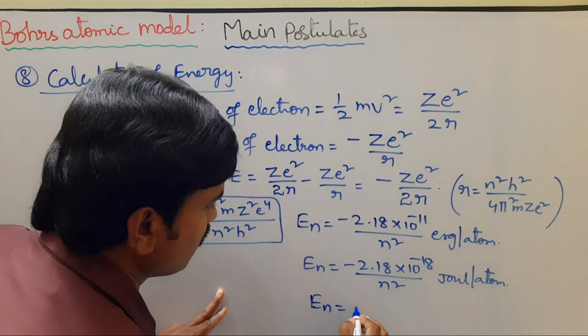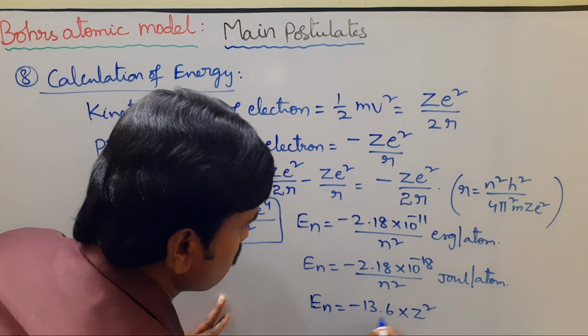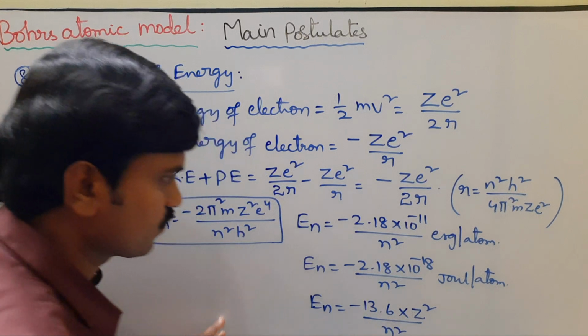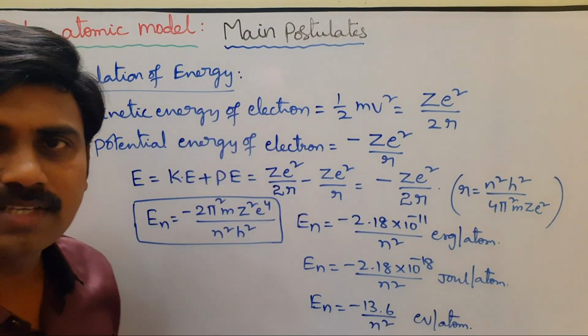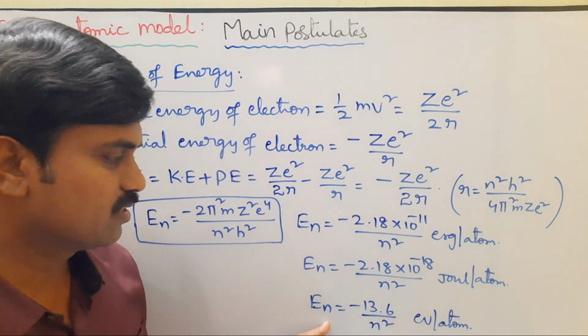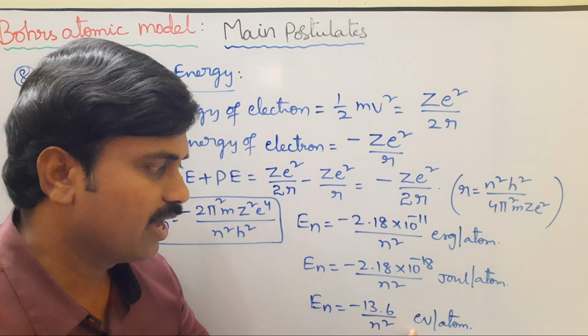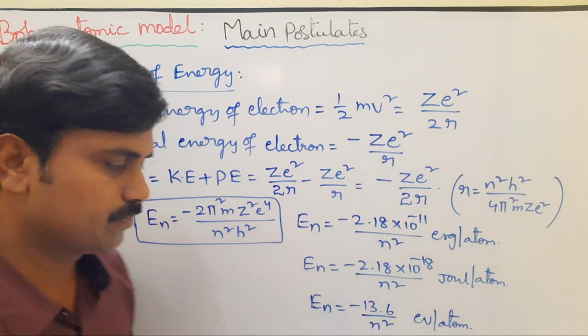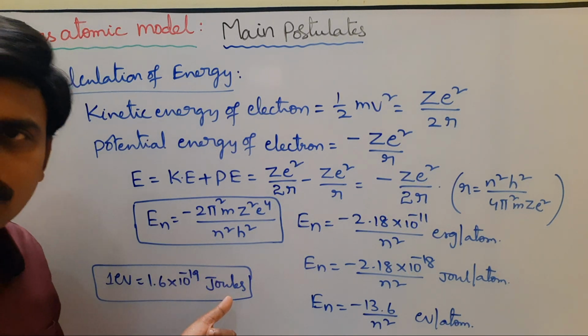The energy of the nth orbit of an electron En is equal to minus 13.6 into Z square by n square electron volt per atom. In case of hydrogen like atoms, En is equal to minus 13.6 by n square electron volt per atom. 1 electron volt is equal to 1.6 into 10 power minus 19 joules.